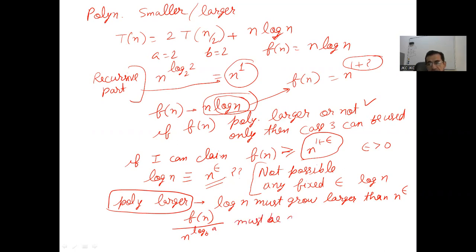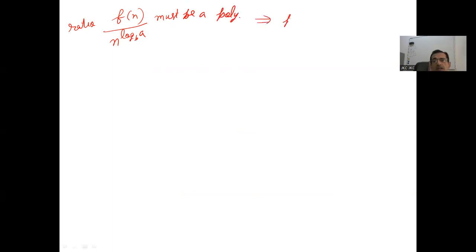That's why it is called polynomially larger. So polynomially smaller will mean this ratio must be a polynomial. If it is a polynomial, let me correct that, write clearly, it must be a polynomial. It will become polynomially larger.